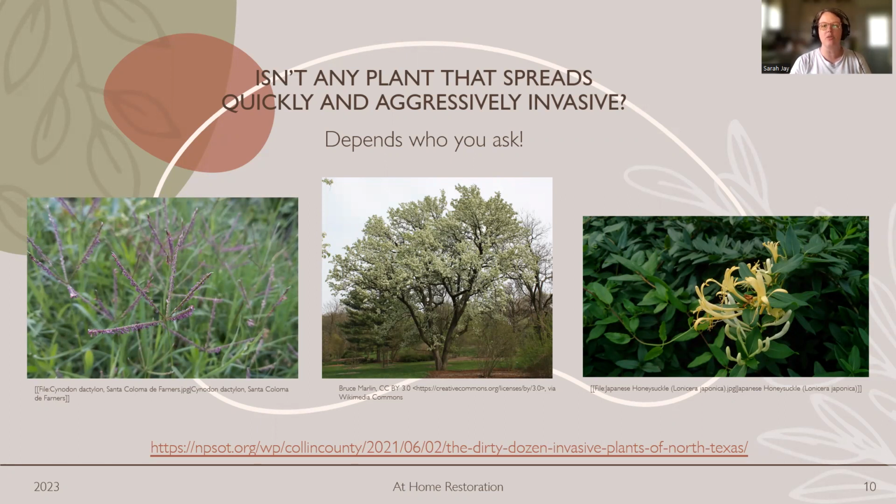It tends to also form big thickets and shade out other plants that would otherwise be useful to the ecosystem. And while this plant does attract pollinators to some extent, it's not food for any of our native pollinators.